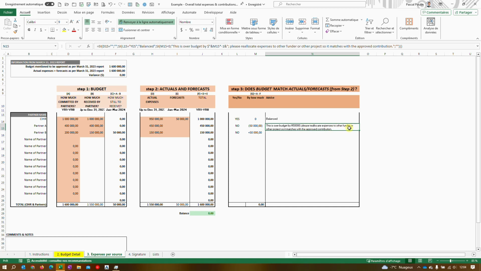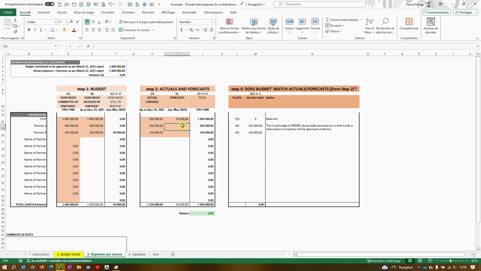Please reallocate expenses to other funders. In which case you will simply have to do internal transfers of expenses from one account to the other. We don't necessarily need to know how you're going to manage that. So that way we simply have the total here, and we're good with the partners that are committed, your expenses, and this type of thing. So we're all set with that.